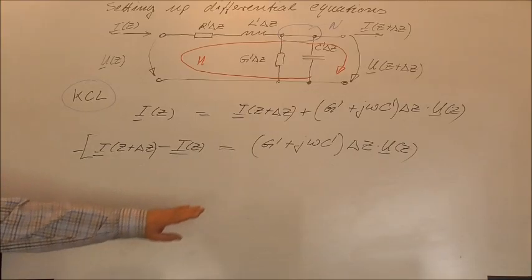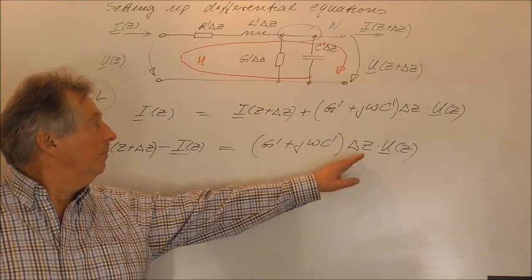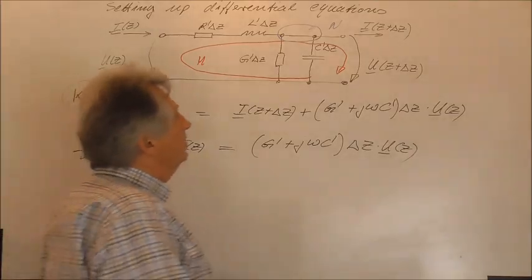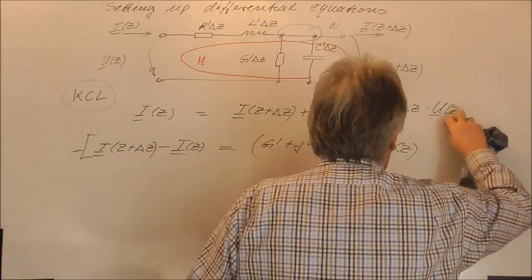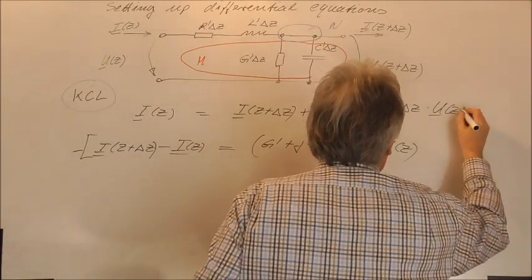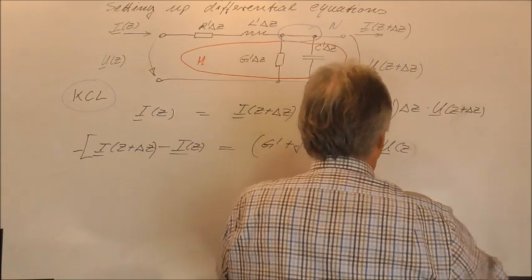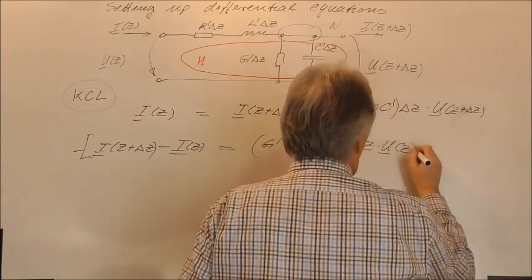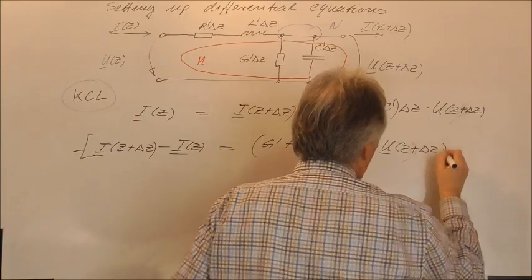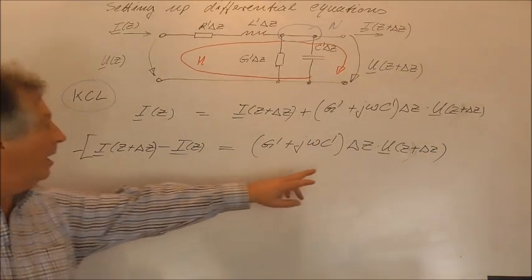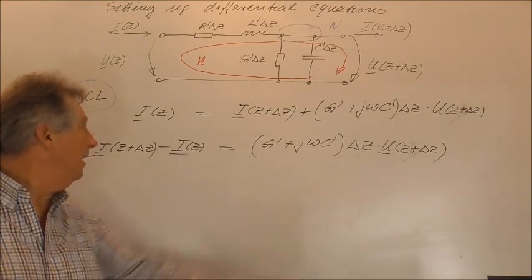And again, we will divide. Oh, sorry, here I made a small mistake. Here it must be written u of z plus delta z, and here also it must be written u of z plus delta z. But what we do here, we divide by delta z.